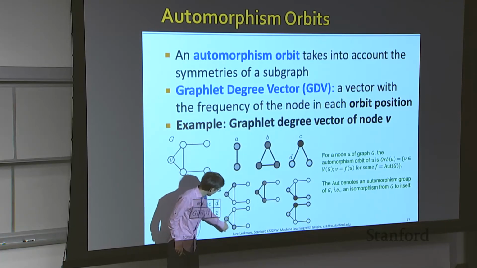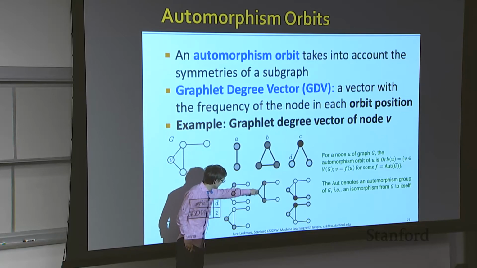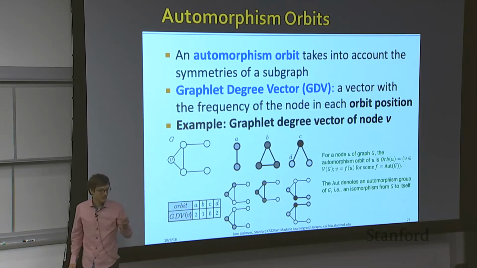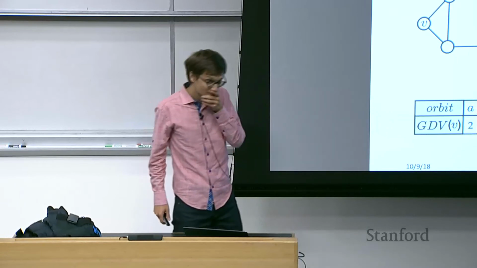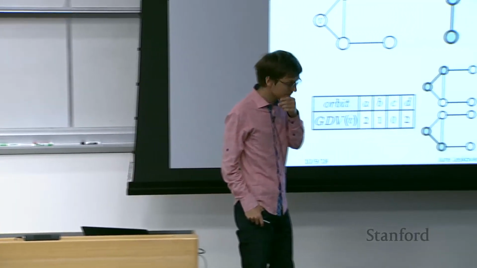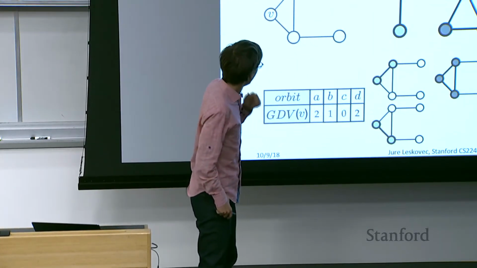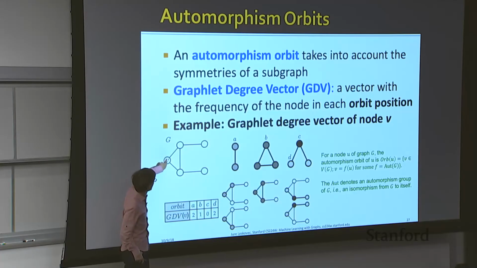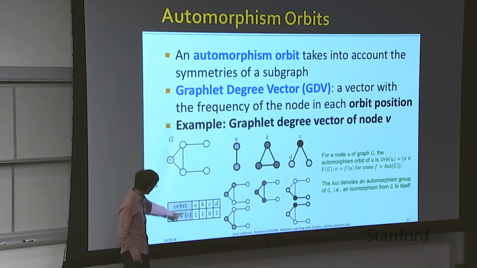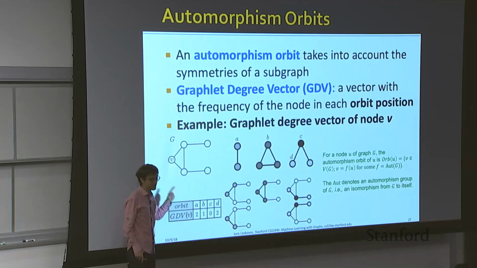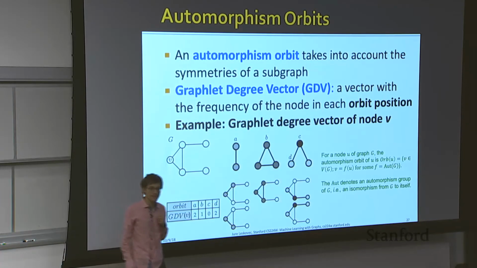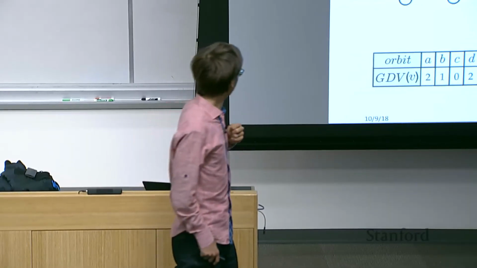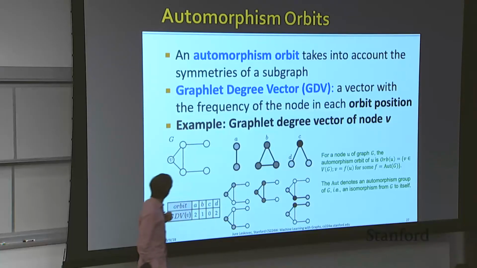And here are examples of those instances. Yes? Why does A appear twice? Because this node has degree 2. It's only for that vertex, right? This is now node level. It's not graph level. Yes? Shouldn't D appear 4 times?